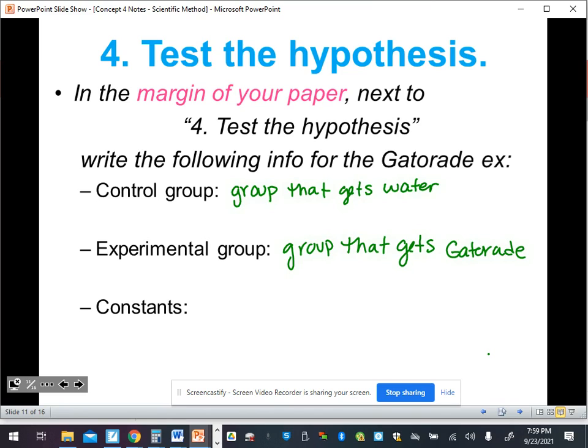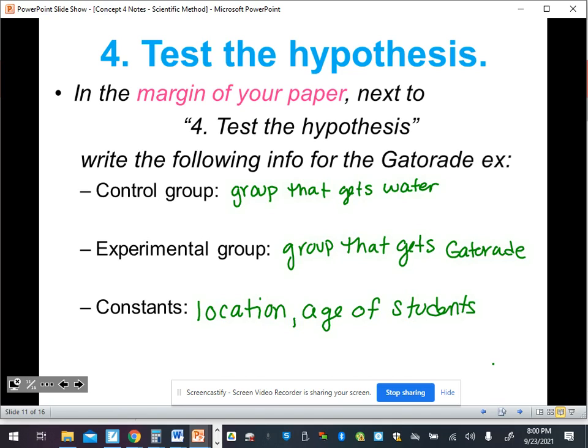I would say the location of your run should be the same. You don't want one group running inside, one group running outside. Probably the age of the people that are being tested, so age, grade. We'll say age of students.